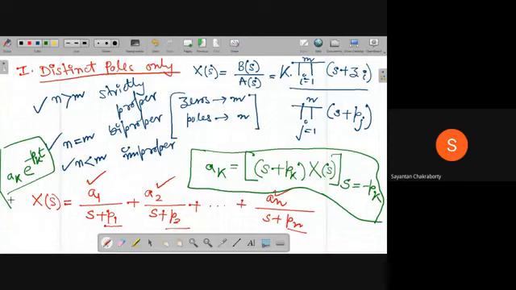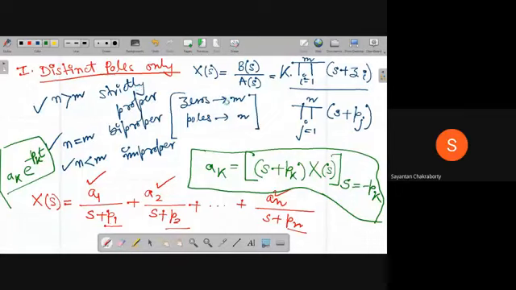So let's consider an example that you might face in a situation where it may seem that it is not that simple. See, let us consider an improper transfer function. Given an improper transfer function, that is, number of zeros is more than number of poles, then what would be the solution? Improper transfer function or improper ratio of polynomials.